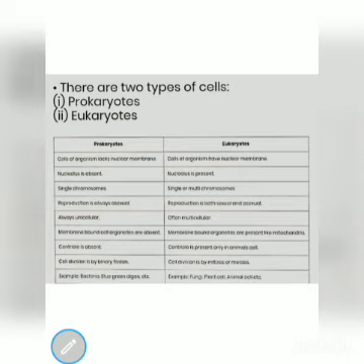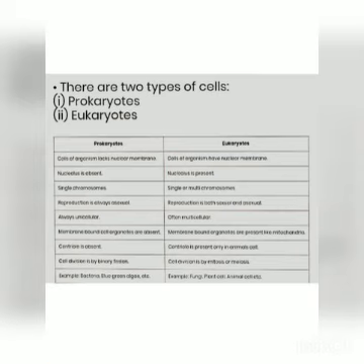Now come to another point. Here in this slide you have to remember there are another two groups. You can categorize organisms into two groups on the basis of their origin, that means by the constitution of their nucleus. These are not cells, these are organisms.